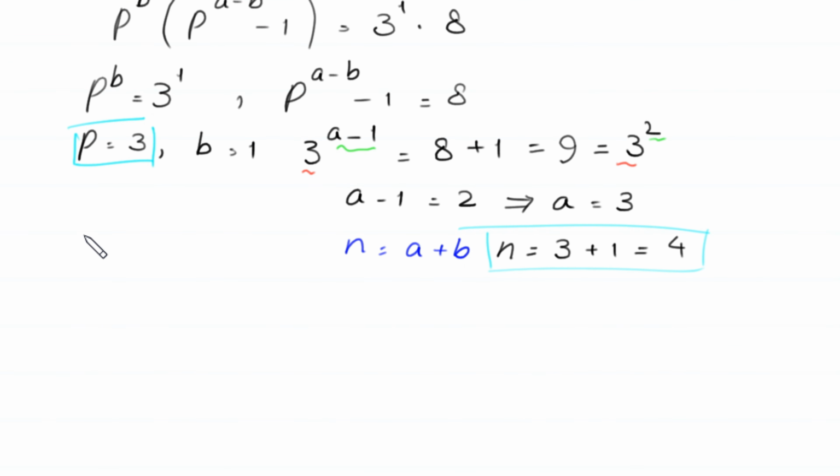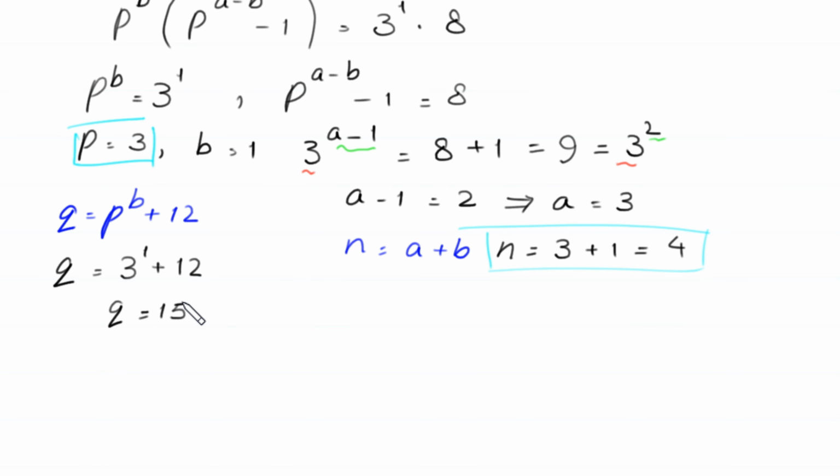So q will be equal to, value of p is 3 to the power value of b is 1 plus 12, and q will be equal to 3 plus 12, 15.